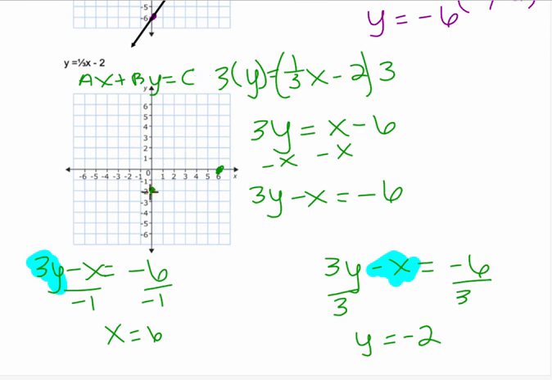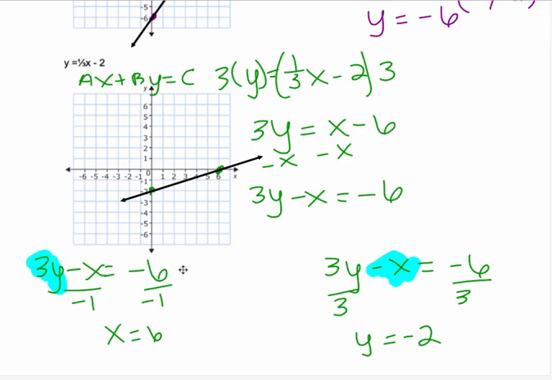Remember, your line should extend through the 2 points. It should not just stop at the 2 points. There we go. All right. So that is how you graph using the intercept.